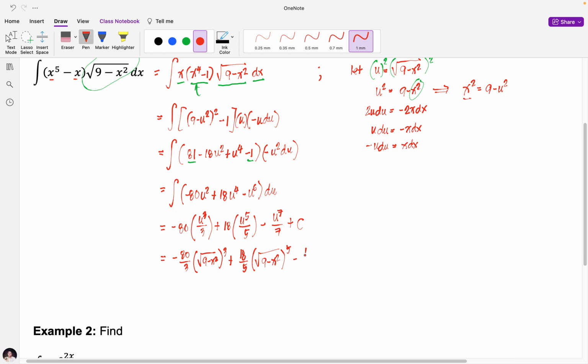And lastly, we have 1 over 7, the square root of 9 minus x squared raised to 7 plus c. And that is our final answer.